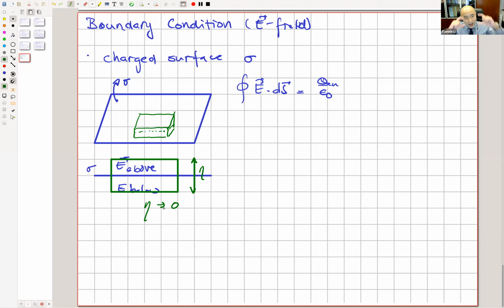So the height of this box, I'm going to let it go to 0. In which case, I only have two surfaces left. I call this surface A, the size of this surface, the top surface. If I let eta go to 0, then only the top surface and the bottom surface survive.